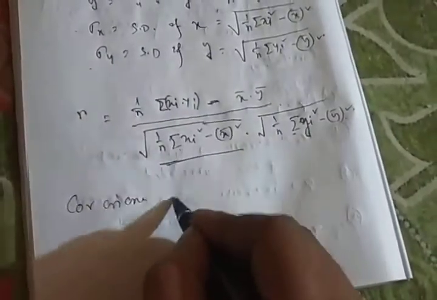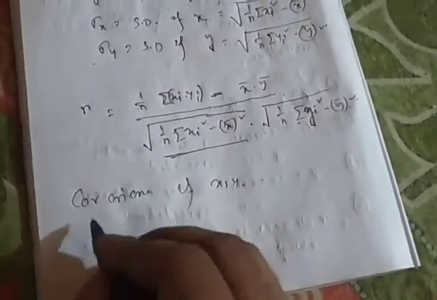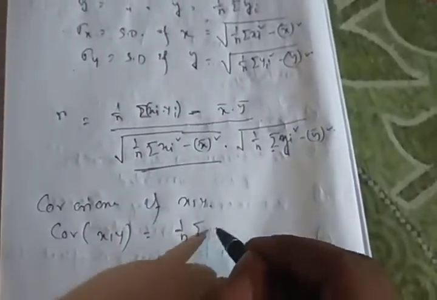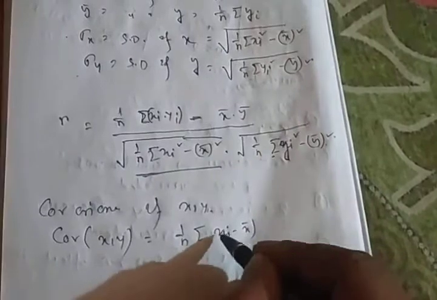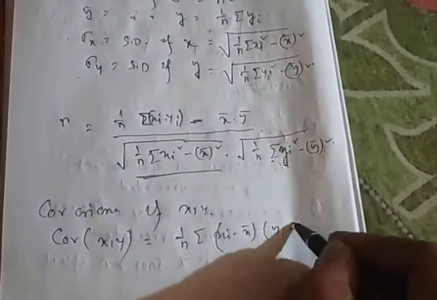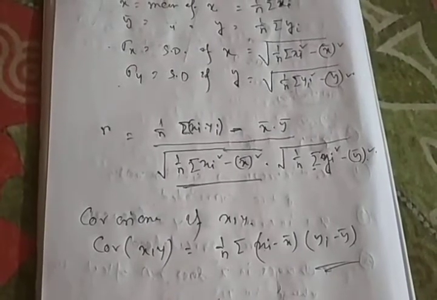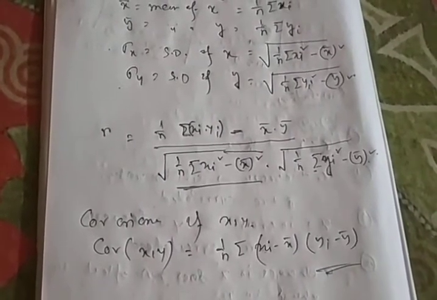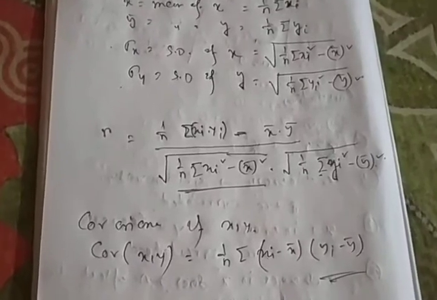For two variables there is also a relation known as the covariance of xy, denoted as cov of xy, and the formula for this is this part: 1 by n summation (xi minus x bar) into (yi minus y bar). This is called the covariance of a bivariate distribution for joining two variables.